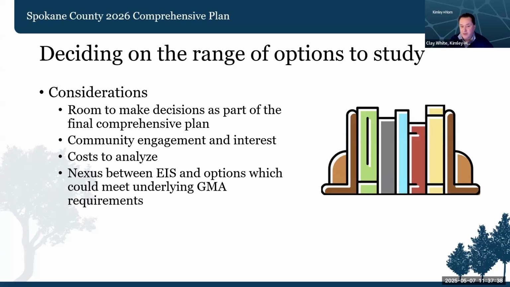So if we look at different ways to meet growth goals, the community provides input into that process, and then that helps decision makers, the Board of County Commissioners, make decisions as part of the final comprehensive plan. That community engagement and interest can then provide input not just on one way to meet goals, but a variety of ways. But, again, we want to make sure we're staying within the bounds of our Growth Management Act requirements. Next slide.